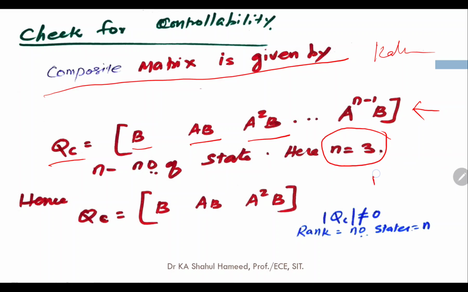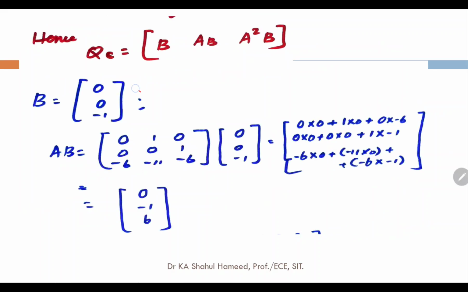For this case, n is equal to 3, so the rank should be equal to 3. If both are met, then the system is completely controllable. We will see whether we are meeting the condition or not. So we have the B matrix and we have to find AB.